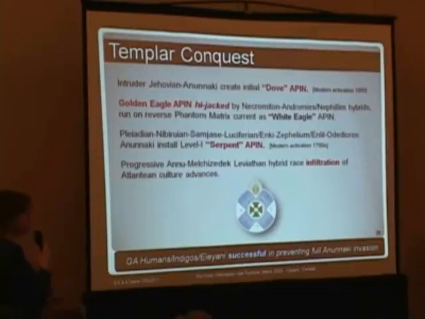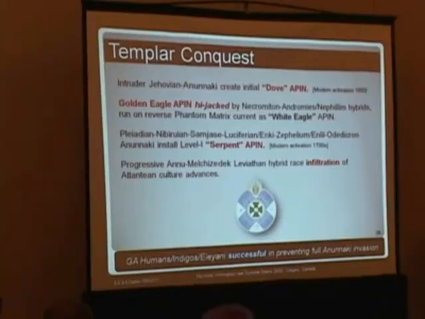They install a Serpent APIN system. So now we've got the Great White Lion, the Golden Eagle, the Dragon, the Dove, and now we have a Serpent APIN system. So what they're doing is claiming and staking out their territory for the final conflict drama, which we're smack dab in the middle of. Okay? All right, so let's just go on to the next slide here.